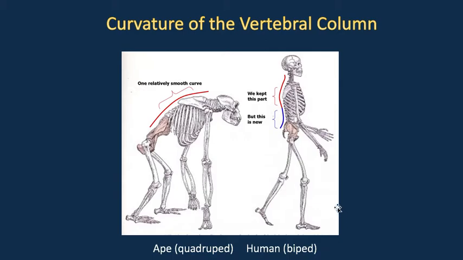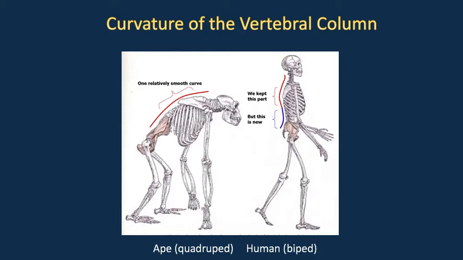In the human biped, we're standing upright, so all of our weight is being carried in our lower limb. So we have to have this extra curvature to our spine to pull our body upright and balance all of our weight over our pelvis so that we can carry our weight in this way.